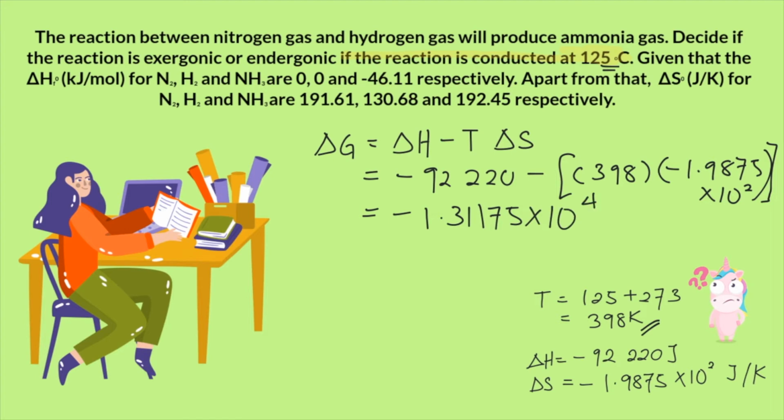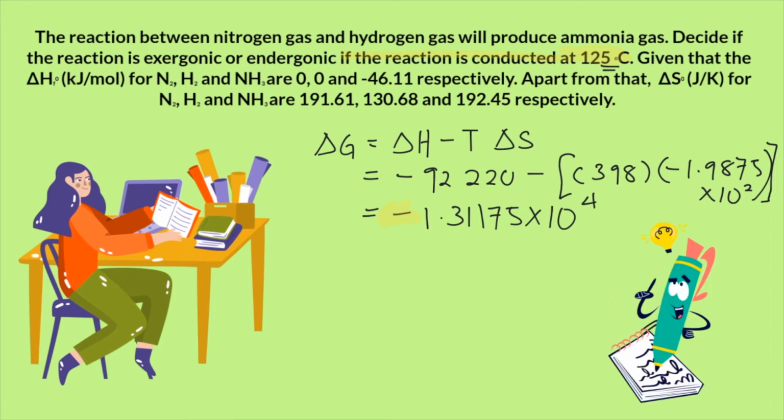If you can see here, your delta G is negative. It means that your delta G is less than 0. According to the theory, you need to always remember that when your delta G is less than 0, this reaction is exergonic. So this is the final answer for your second question.